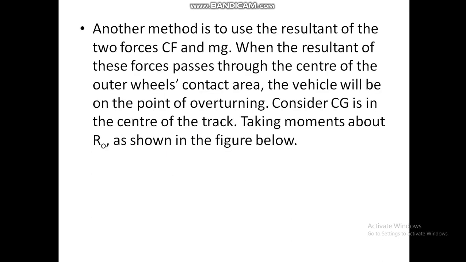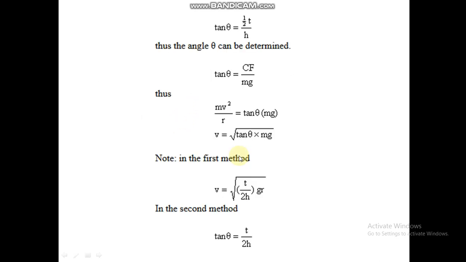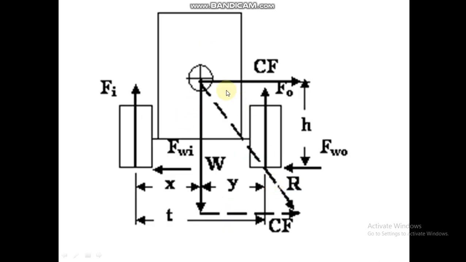So in the previous video, I have discussed that there is another method to discuss the concept of overturning, and that is by calculating the resultant of the two forces: CF, centrifugal force, and weight, which is acting downward, the weight of the vehicle.